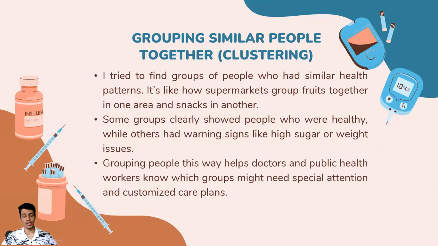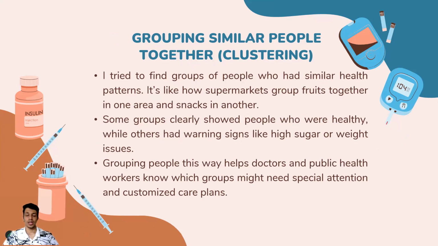Grouping similar people together using clustering. Next, I applied another unsupervised learning method called clustering. Clustering is all about grouping patients based on similarities without knowing their final diagnosis. Think about how a library organizes mystery books together and science books together in another corner.